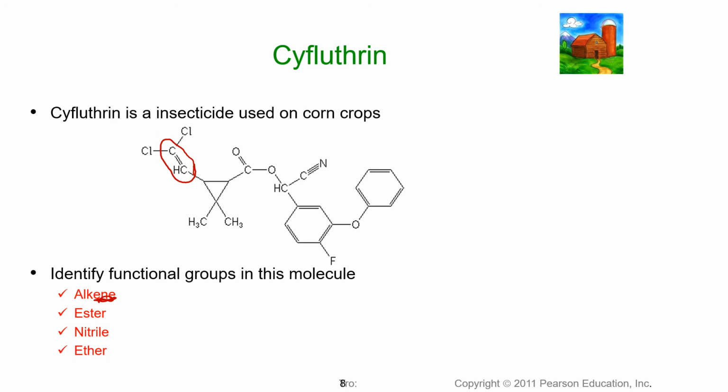We have an ester, which is carbon double bonded to an oxygen, bonded to another oxygen. We have a nitrile, which is carbon triple bonded to nitrogen. So you may not have known what the name of that one was, but that's a nitrile. And we have an ether, which is an oxygen between two carbons. So a few functional groups in this particular insecticide.